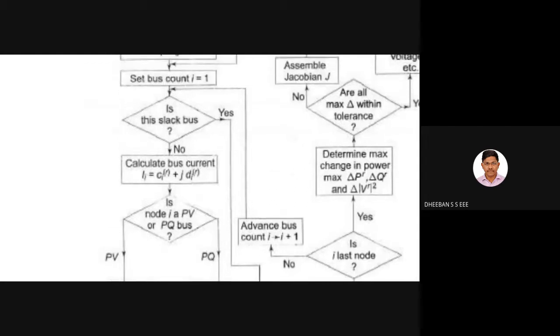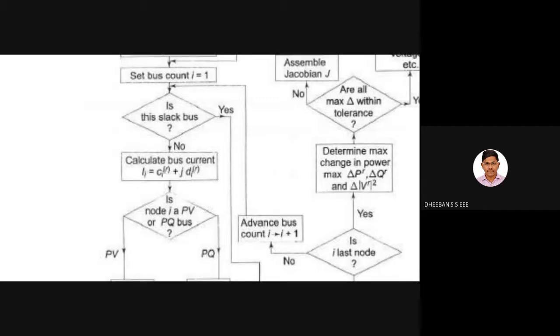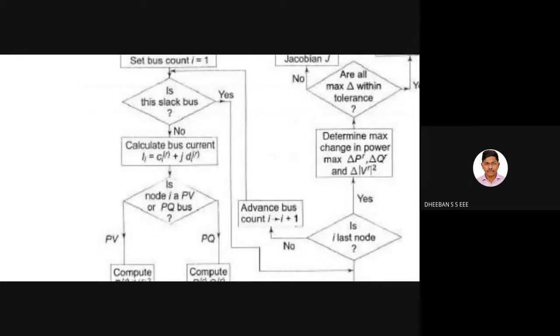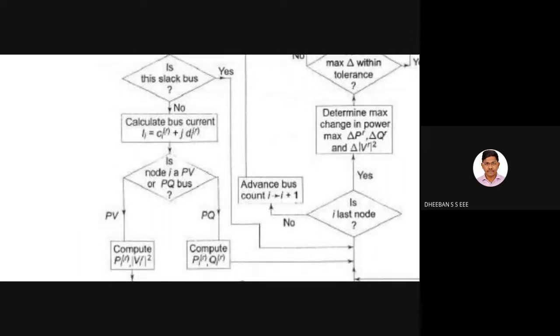First you find out your current. This is what we have seen in the initial step of your Newton-Raphson methodology, with respect to your current.